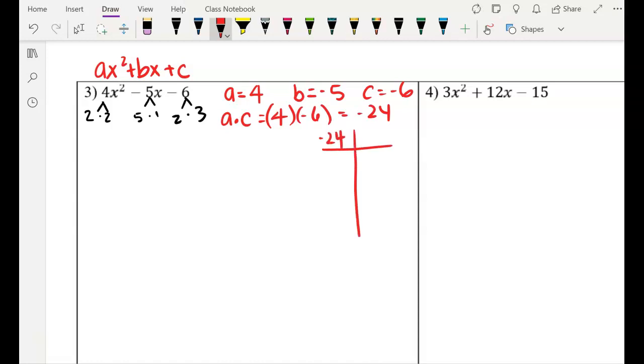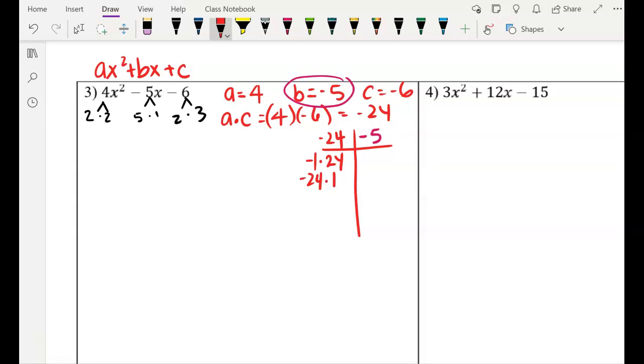We want to find two numbers, multiplying together equals negative 24, and adding up equals our negative 5. So let's start with negative 1 times 24. That's not going to add up to negative 5. And even a negative 24 times 1, not going to add up to negative 5.